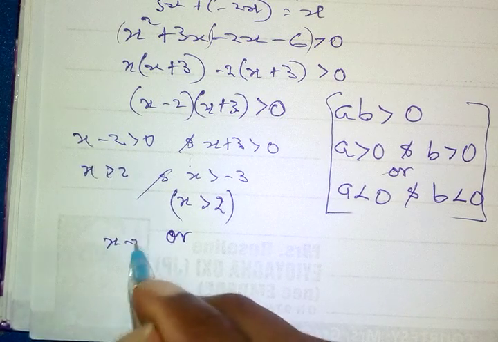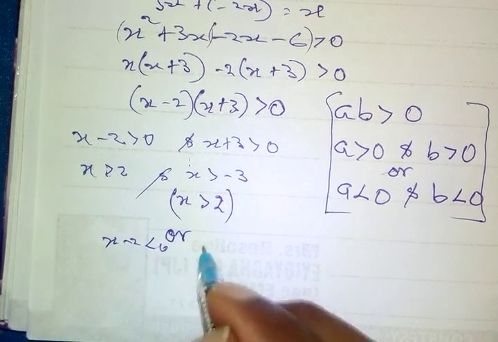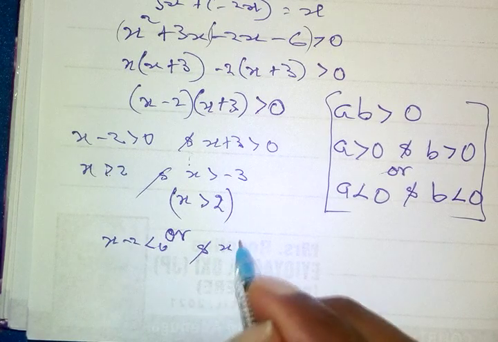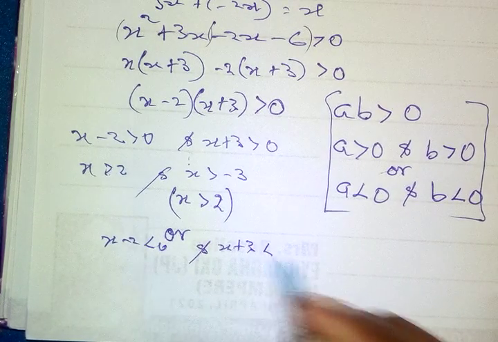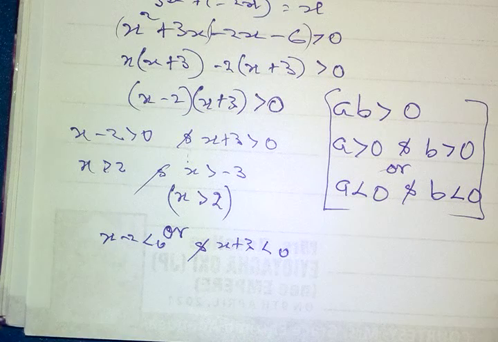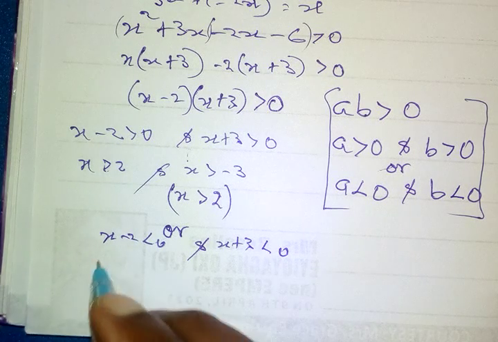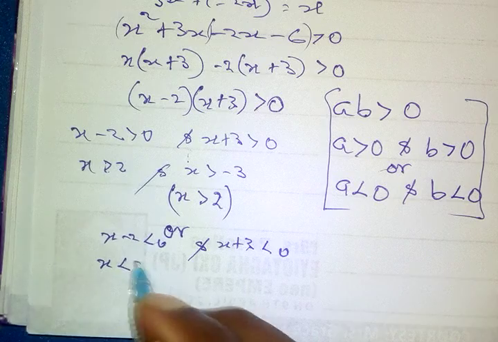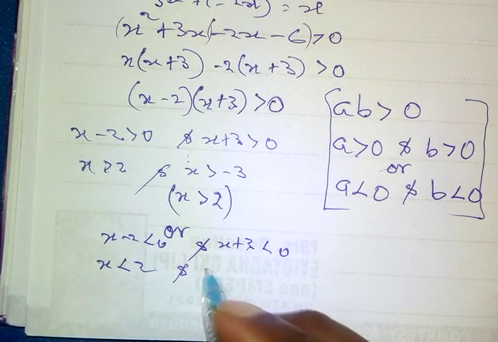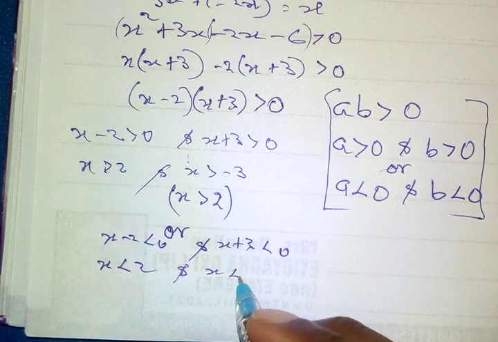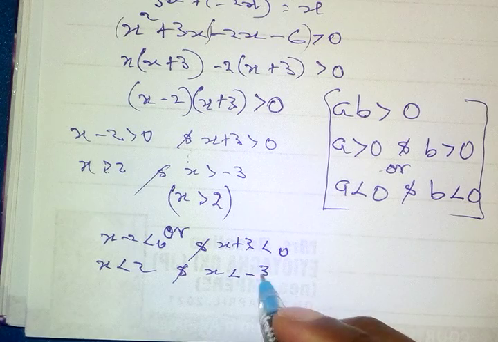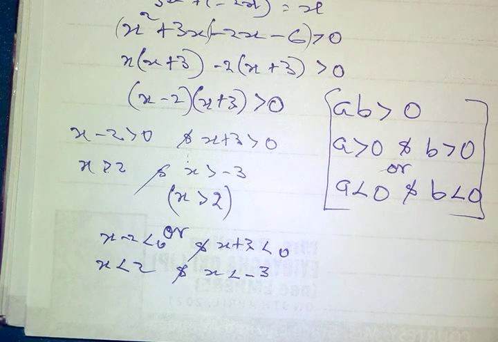x minus 2 is less than 0 and x plus 3 is less than 0 for us to get a positive number. Okay, so this means that x is less than 2 and x is also less than negative 3. Now we can also combine this into a single statement.